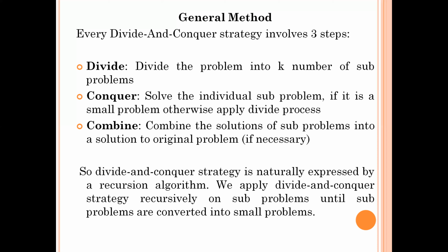After that, you will combine the solutions to all these sub problems. For example, if p1 is divided into r1 and r2, and both r1 and r2 are small, you will combine the solutions of r1 and r2 so that you can get the solution for p1.